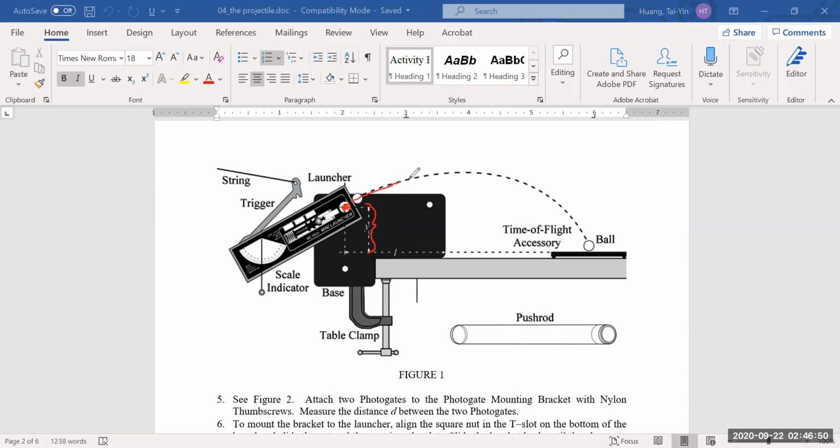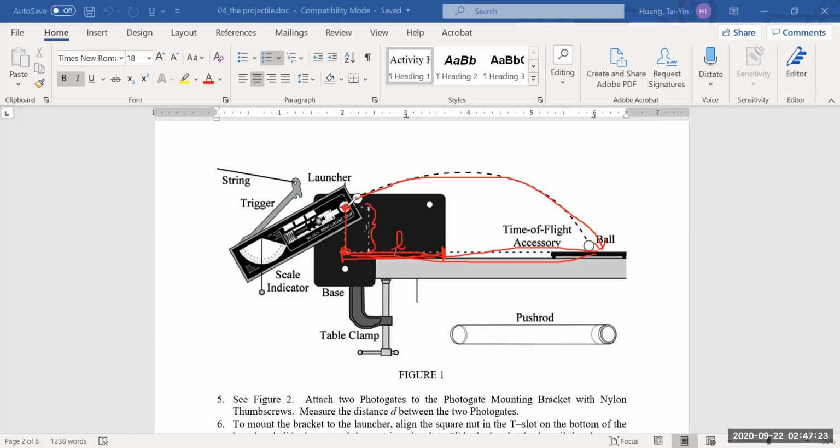It traces out its trajectory like this. So this is the initial height y naught, and this is the horizontal displacement. From this origin to the base, this distance does not change, which we assign the letter L to indicate.